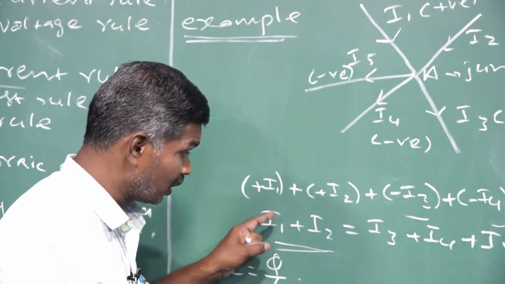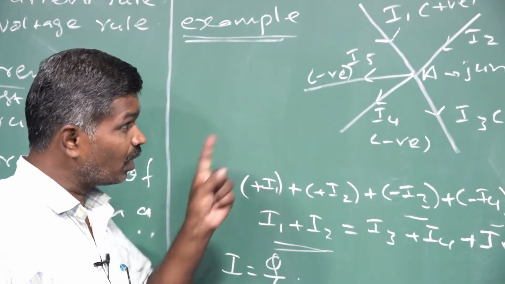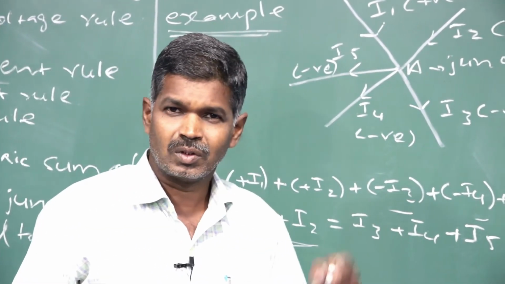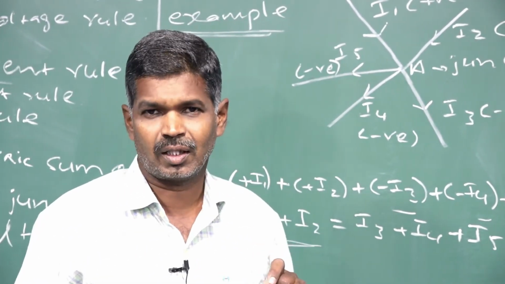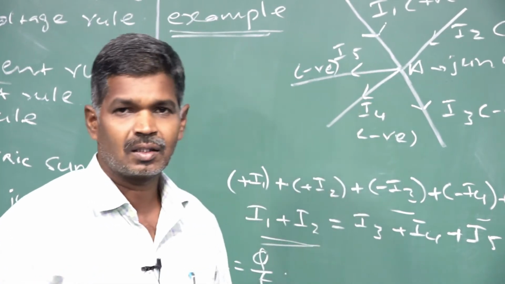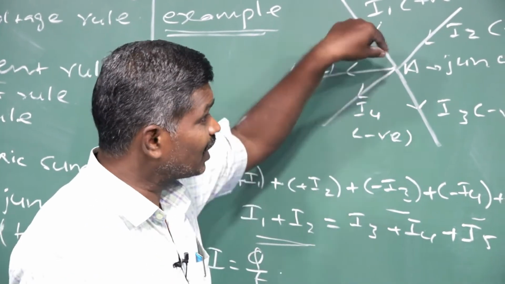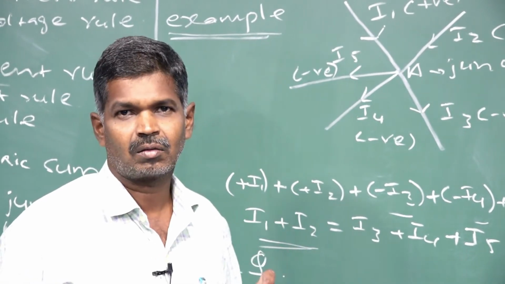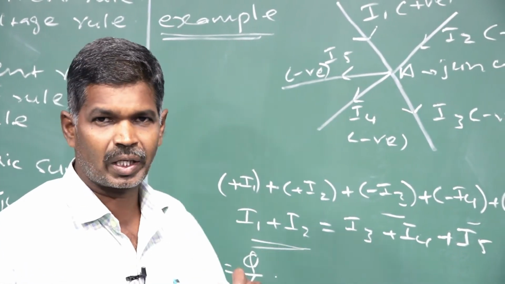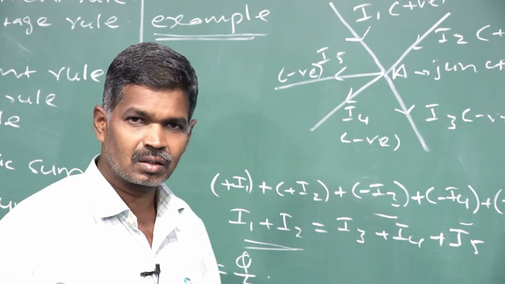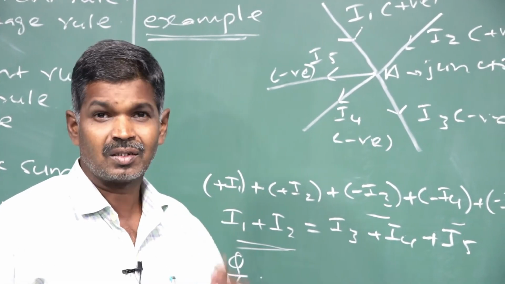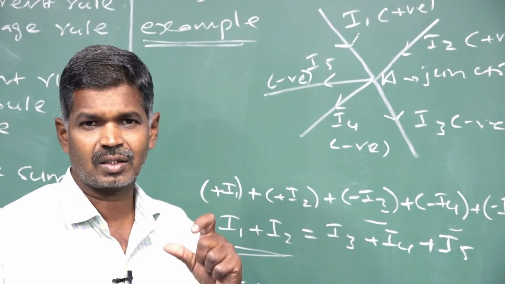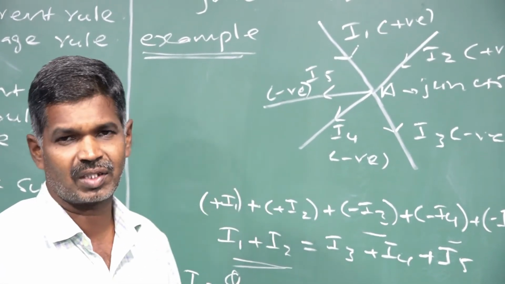The amount of charge that I1 and I2 pass towards the junction, that total charge only moves away from the junction. At a junction, charges are neither created nor destroyed. That's why the first rule obeys the conservation of electric charge, and it conserves the charges, as we can see.